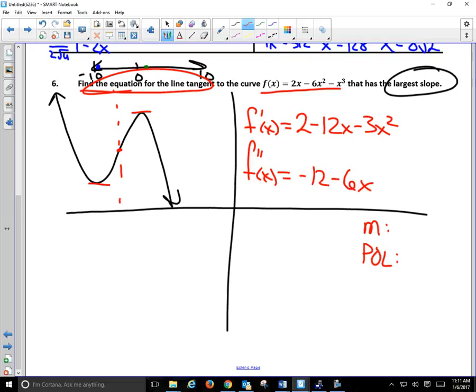Awesome. So I want to be able to use my second derivative. We're going to set it equal to 0. -12 minus 6x equals 0. So -6x is equal to 12. So x is -2. So if x is -2, what does that tell me about my problem I'm trying to solve? What did I find?